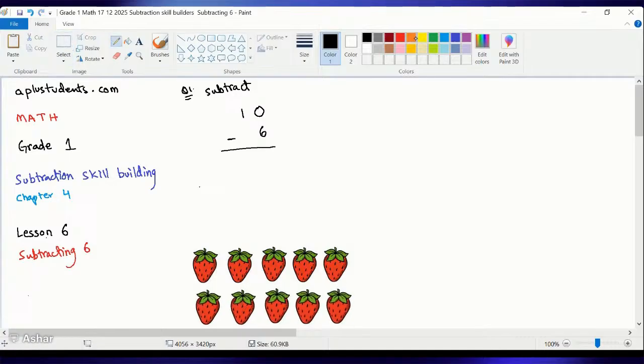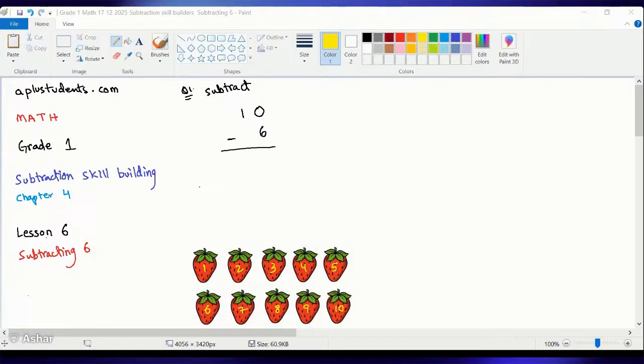Let's label them first. We would say 1, 2, 3, 4, 5, 6, 7, 8, 9, and 10. So the total number of strawberries we have is 10, right?